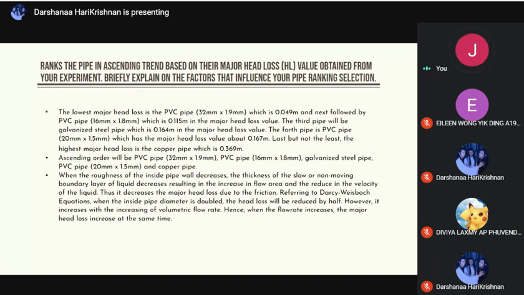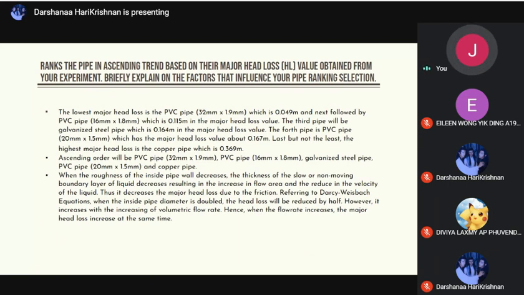The lowest major head loss is the PVC pipe with the dimension of 32 millimeter times 1.9 millimeter. Next, we have PVC pipe with the dimension of 16 millimeter times 1.8 millimeter. And next, we have galvanized steel pipe, and then followed by PVC pipe with the dimension of 20 millimeter times 1.5 millimeter. And lastly, we have the copper pipe.